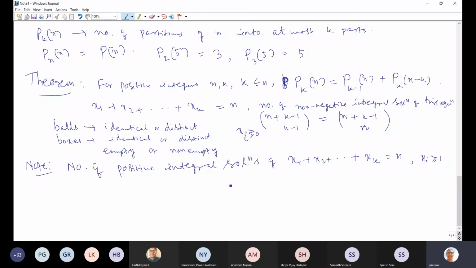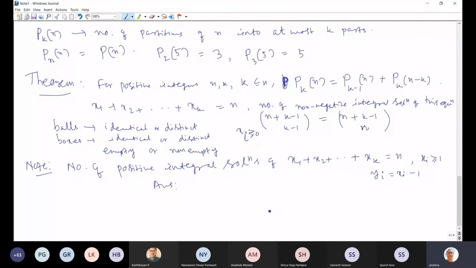So what is your answer here? What will be this number? You can modify it now. Since xi is greater than or equal to 1, why don't you define a new variable yi equal to xi minus 1. Earlier we did it this way.